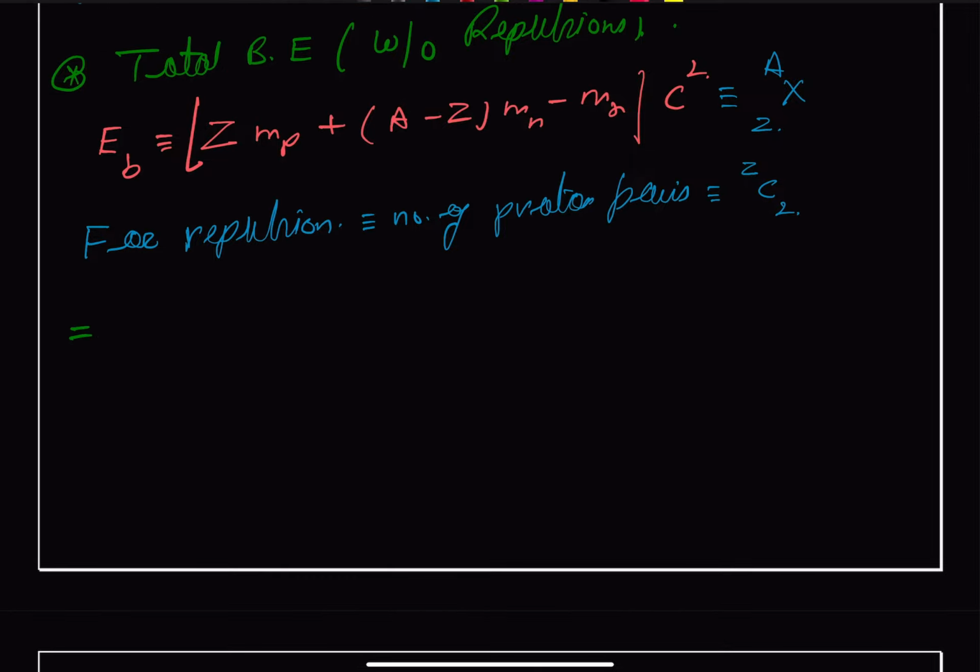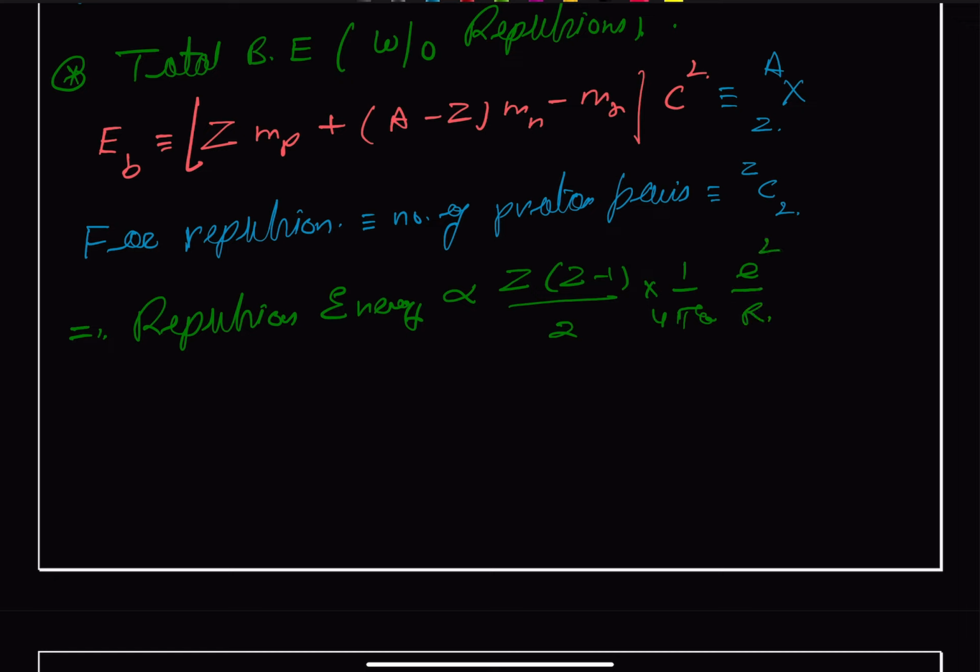Therefore, we can say that repulsion energy can be written as proportional to Z into Z minus 1 divided by 2, times 1 upon 4 pi epsilon naught, and e square divided by R, where R is the radius of nucleus.